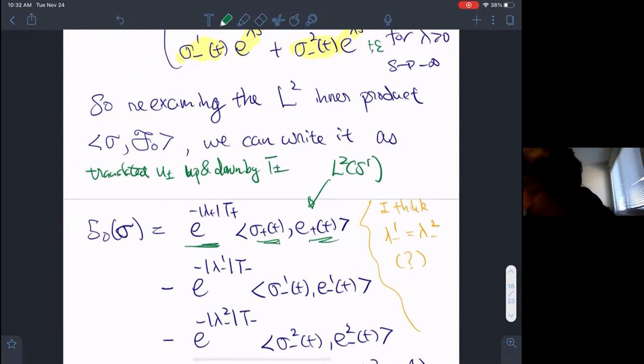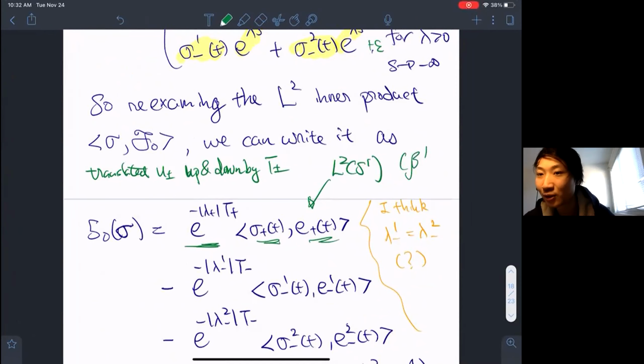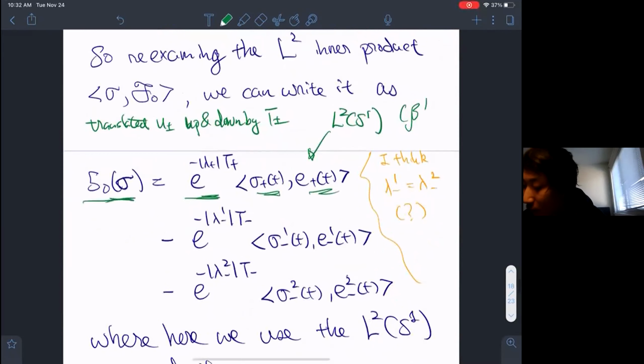Just a side note, I've absorbed the beta prime coefficients into a constant term. I've just ignored them because they're the same size anyways. So you write down this linearized section and you see it's some exponential decay term that depends on t plus, times a pairing of sigma plus and E2 plus.